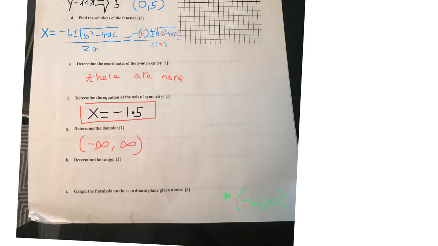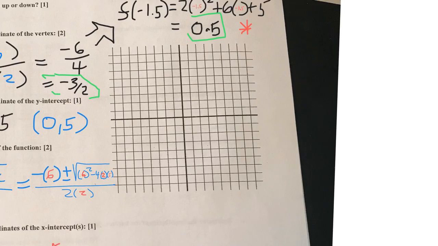Now, it's a good idea to get clear on the vertex. That would be -1.5 and +0.5. So we're going to jump in here and take a look at -1.5. Well, that would be right here, and +0.5 would be right here. So we're going to put a dot right there.